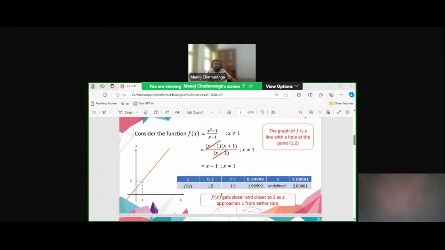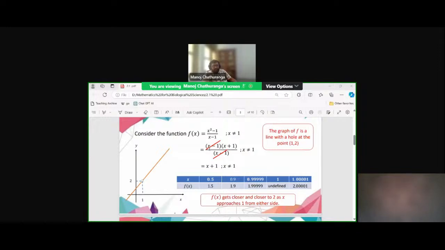So to deal with that, you can simplify this expression. It is not always possible, but sometimes it is possible. If you think about x squared minus 1, it has a factorization, x minus 1 times x plus 1.